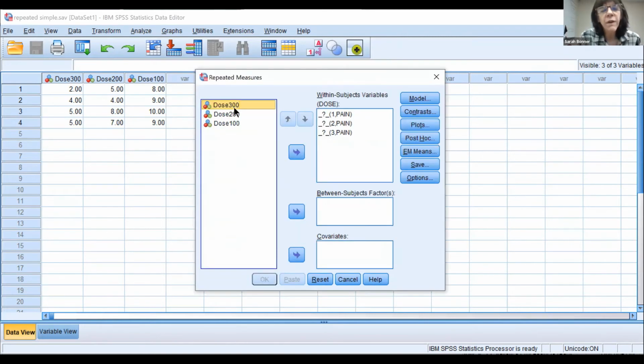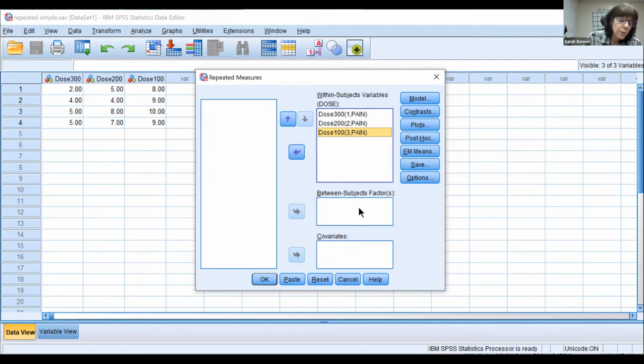It asks us to define those, to tell it which variable in the data set corresponds to which levels of the independent variable. And since we only have 3, it's pretty easy. Dose 300 is going to be the first, where the first set of outcomes are located, dose 2 and dose 100 milligrams.